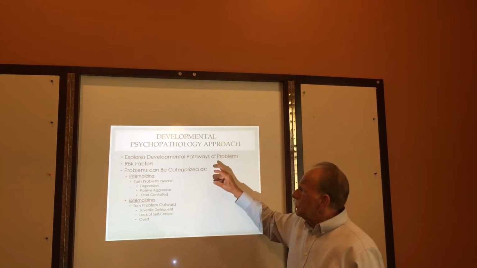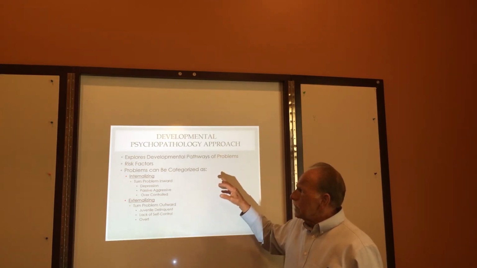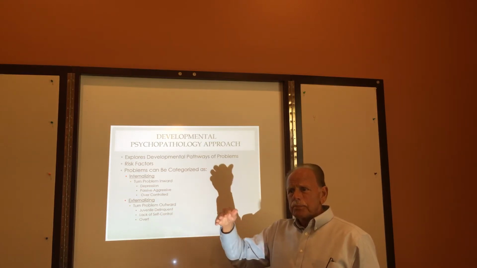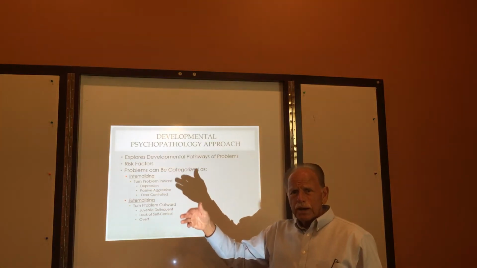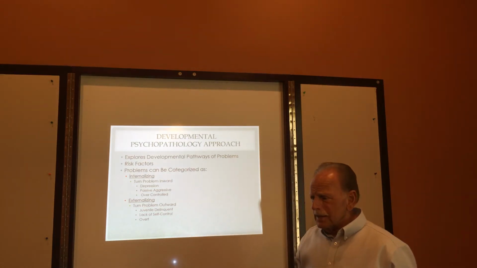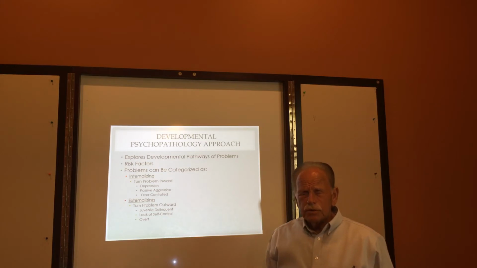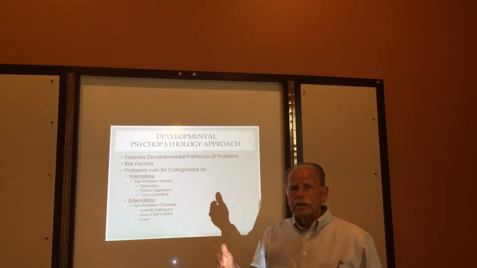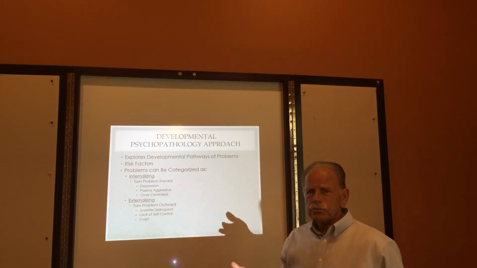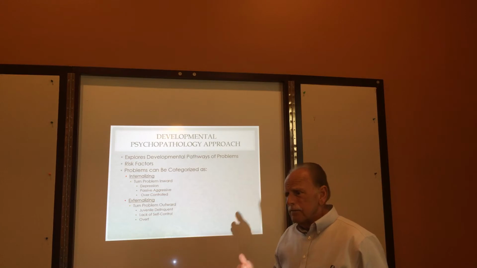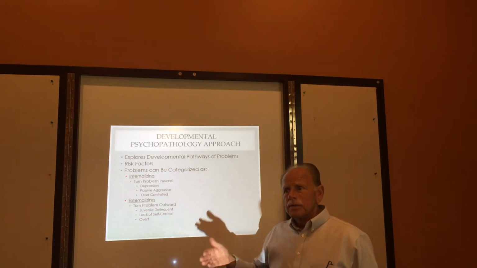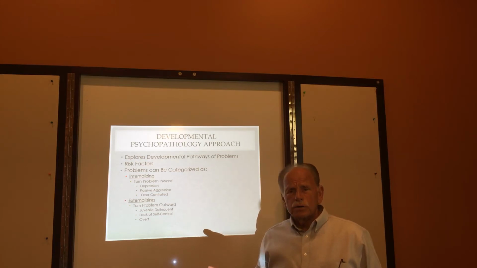And so when you see this developmental psychopathology, these people are interested in studying the developmental path or psychological path that these kids are going through. So for instance, if a kid has ADHD but never gets treated for it, what they have found is in latter years, the kid's going to possibly have oppositional defiant disorder. If oppositional defiant disorder is not addressed and they don't get help with that, they could be diagnosed with conduct disorder.